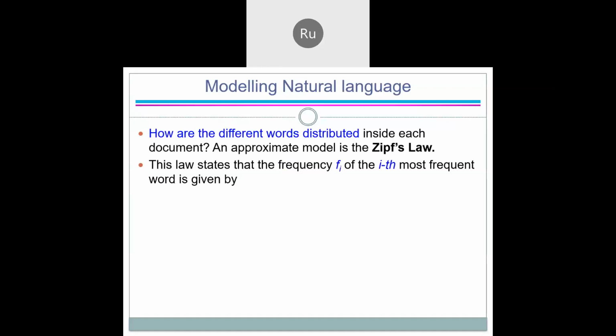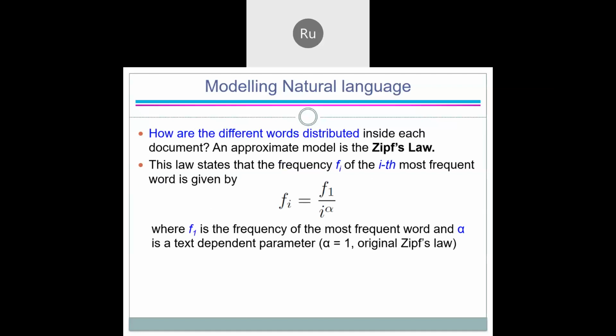According to Zipf's law, the frequency of the i-th most frequent word is given by this formula, where F1 is the frequency of the most frequent word, and this alpha is the text-dependent parameter. So this is 1.